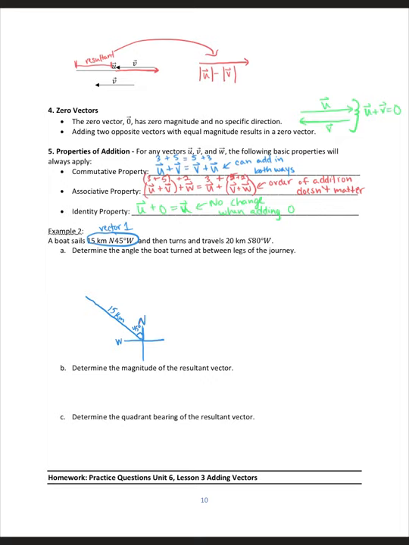Now at some point it's going to make a turn and travel another 20 kilometers south 80 degrees west. So let's call this vector 2. So at the end of 15 kilometers, it's going to make some kind of turn here. So we need a new compass here to identify that second vector. Whenever we're trying to identify a vector and it gives us a direction, we need to base that off of a compass.